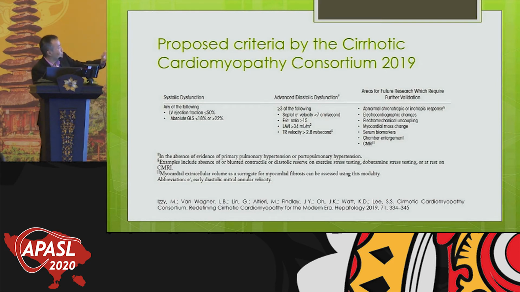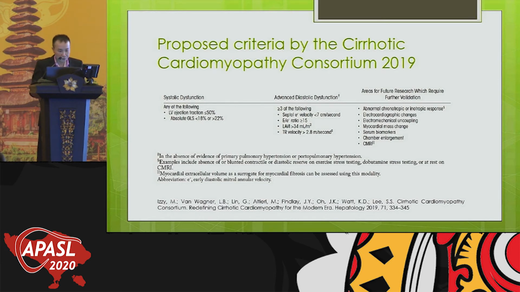They've gone back to using the diastolic measures that I've referred to before, now incorporating tissue Doppler imaging and looking at E prime, which importantly has been very helpful. And there are some areas which they think need further validation, like cardiac MRI scans.